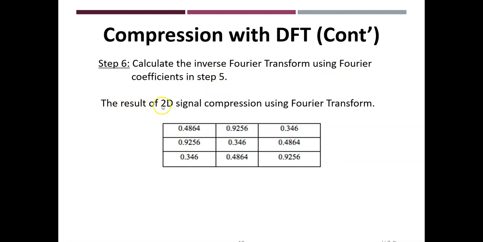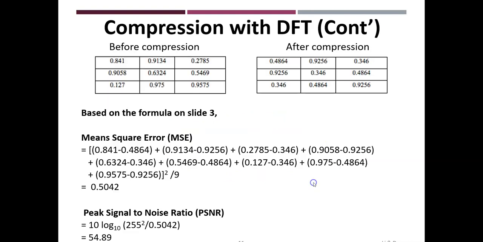The result of the two-dimensional or 2D signal compression using the Fourier transform is this one. This is the value before the compression and this is the value after the compression.